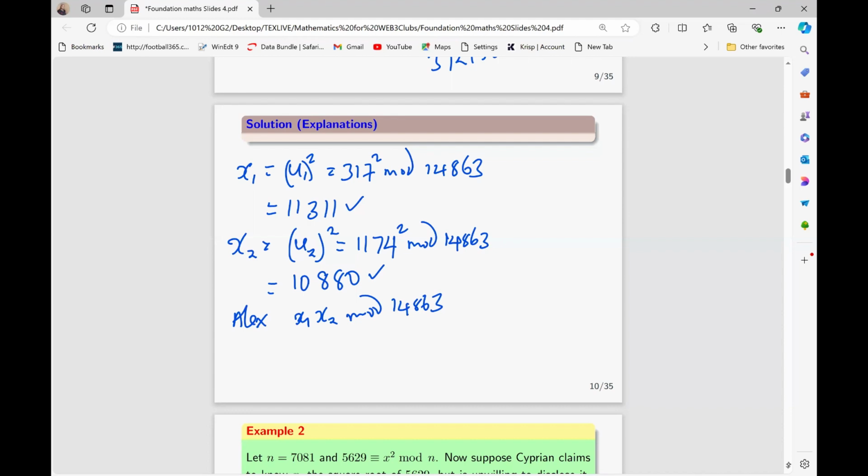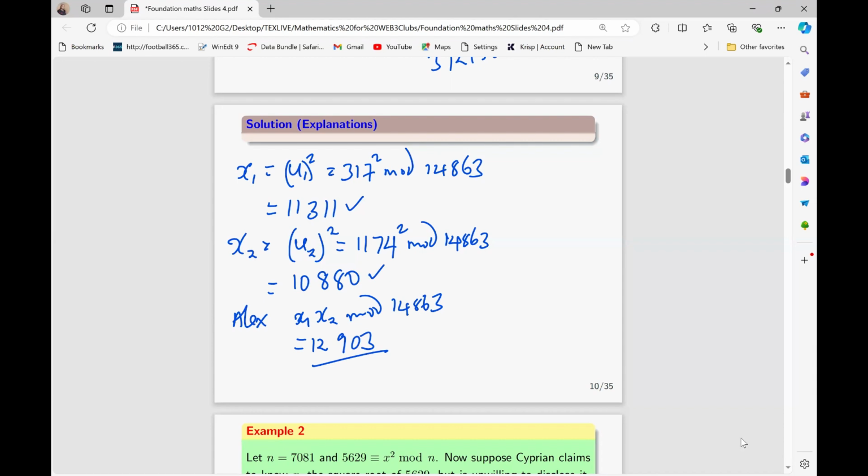So he takes X1, which is 11,311, and multiplies by 10,880. You get a big number, but now divided by 14,863, it goes there 8279 times, and the remainder is 12,903.